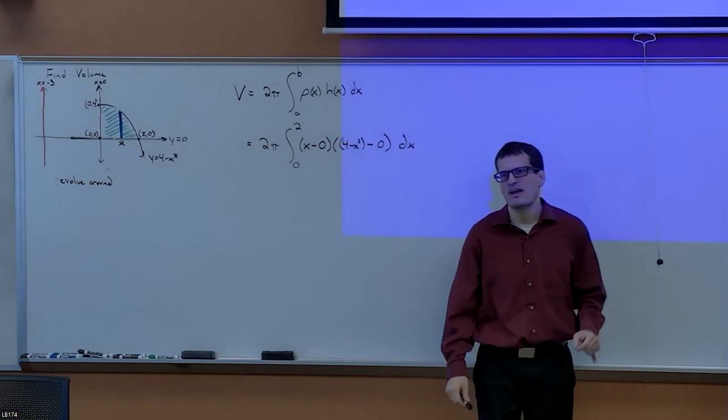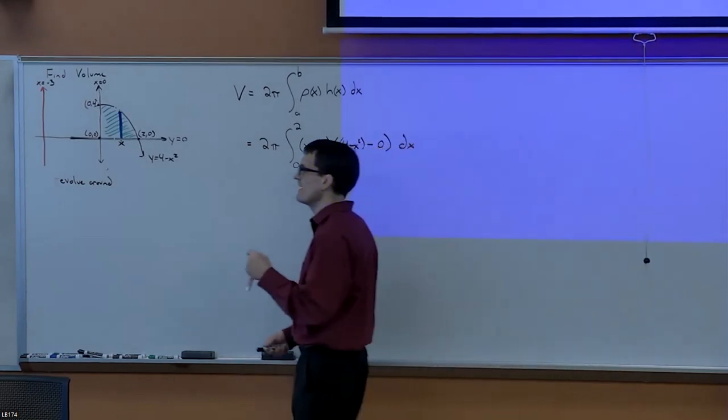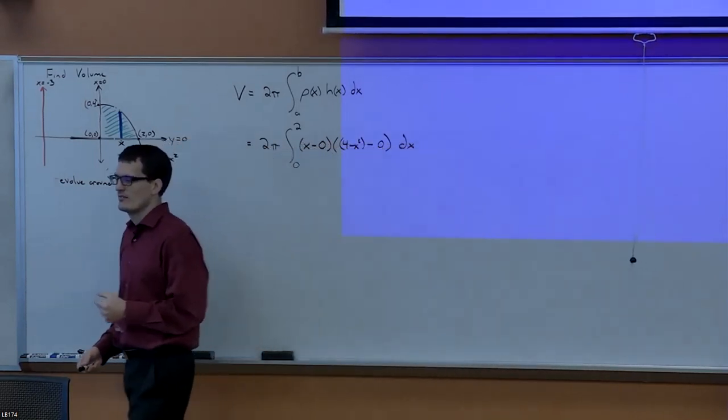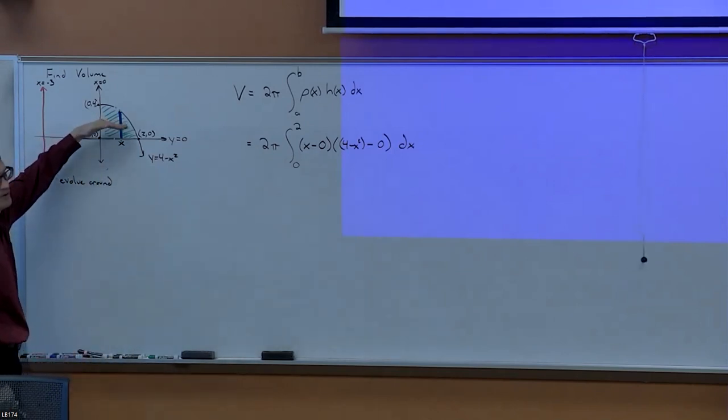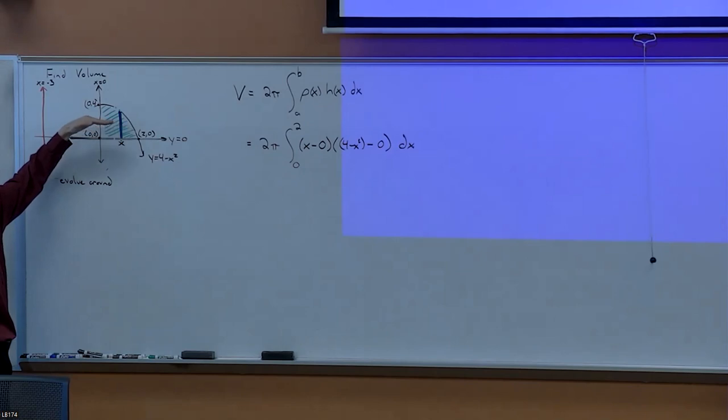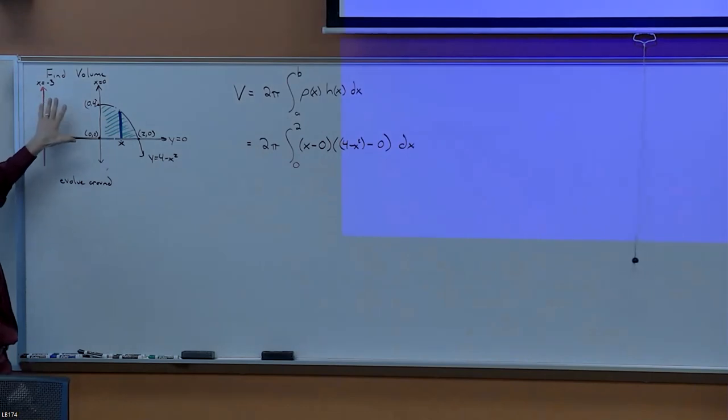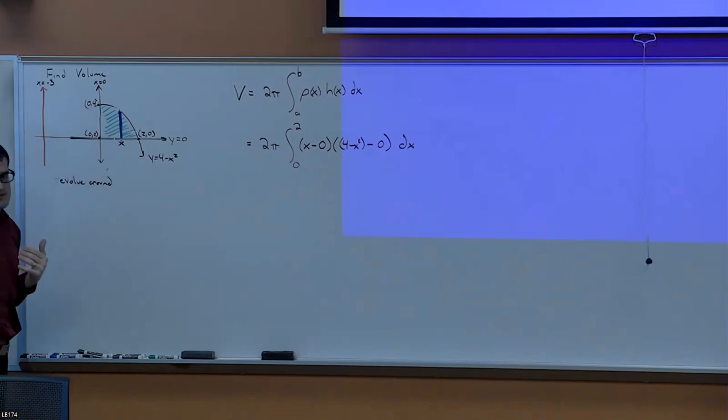What would we have had to do if we used the disk method? Well, I would have put my rectangles horizontally, and then they'd rotate all around. And obviously there's a hole inside here, so it's a washer method with the disk method. So it's a washer method if I did that.